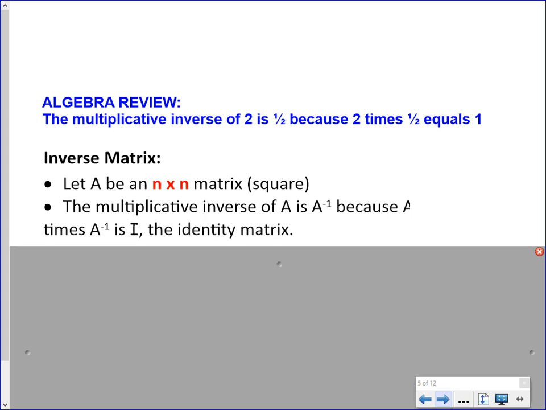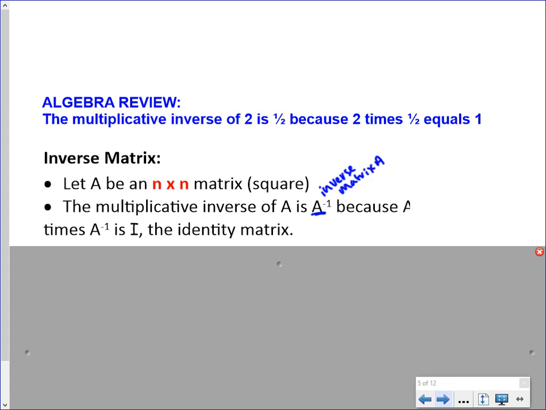The multiplicative inverse of matrix A, we're going to say is this inverse A. So I'm using a new notation right here. A to the -1 just means inverse matrix A. But it follows the same definition as the multiplicative inverse with real numbers.